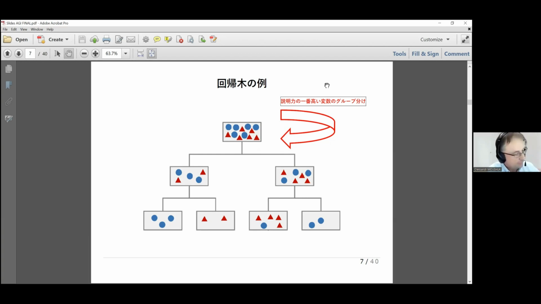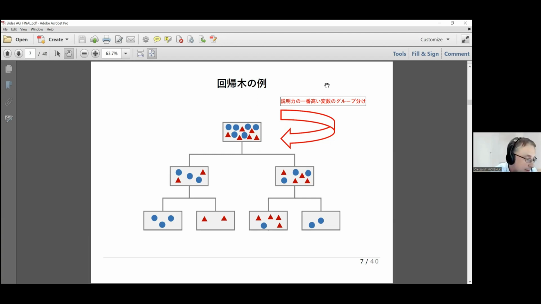Let's say we have data for academic ability, and we have just two explanatory variables. The first one is gender. The second one is income, which varies from, let's say, 1 million yen to 10 million yen.